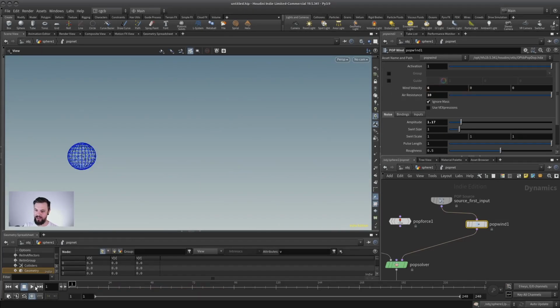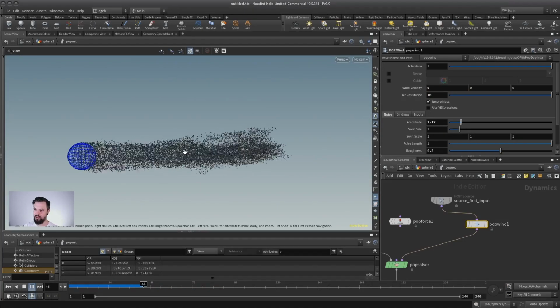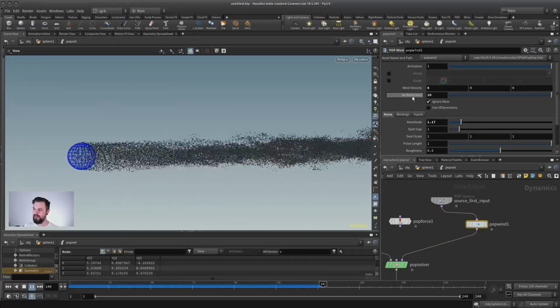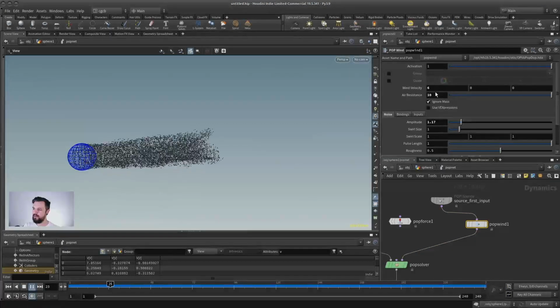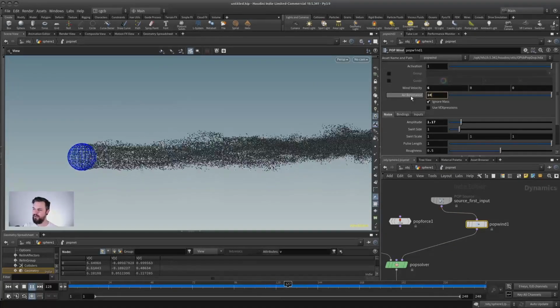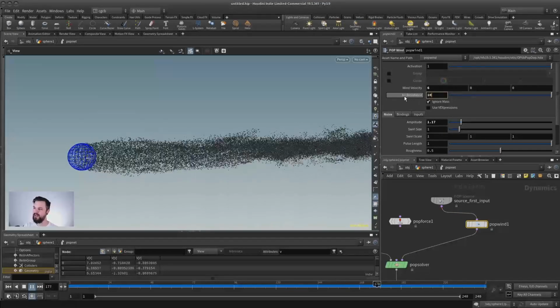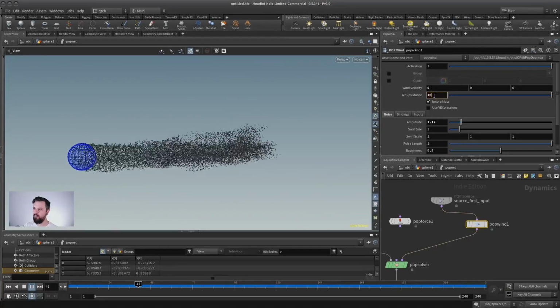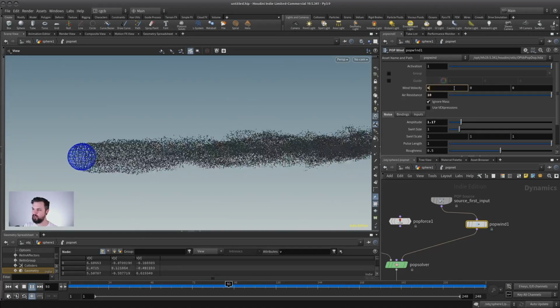The points are actually much faster reaching the goal speed, not slower. So in this regard, increasing the air resistance here means speeding up the points more. So I find this naming here for this parameter really confusing. This is more like an acceleration number. The higher the number is, the more the points try to reach that goal velocity.